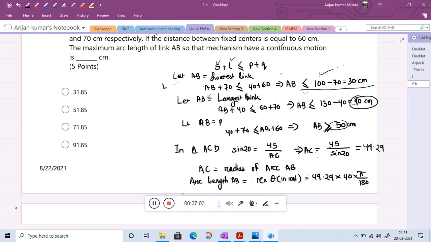The angle is set to be in radian, so the value is actually incorrect here. Okay, so 40 by sine 20 degree, let me check again. That is coming out to 131.57. So there is a mistake.